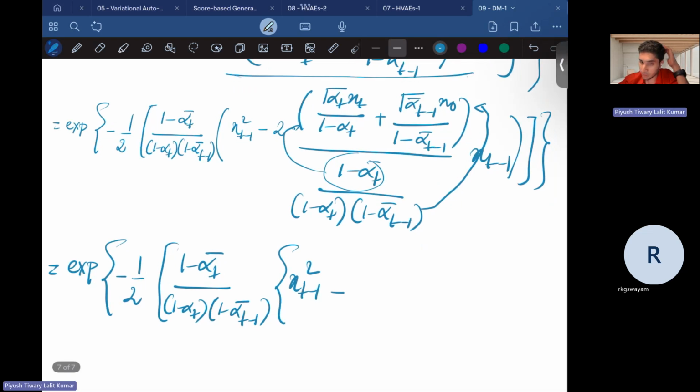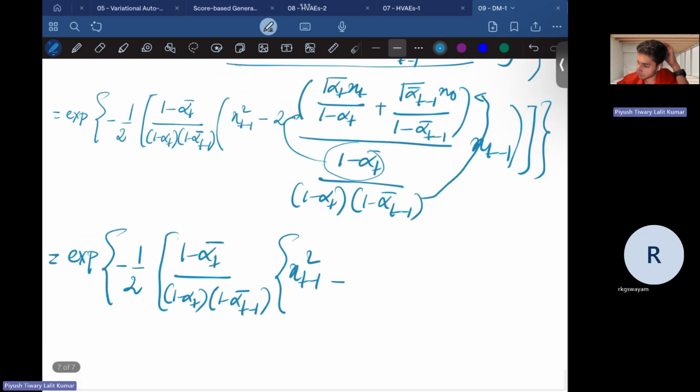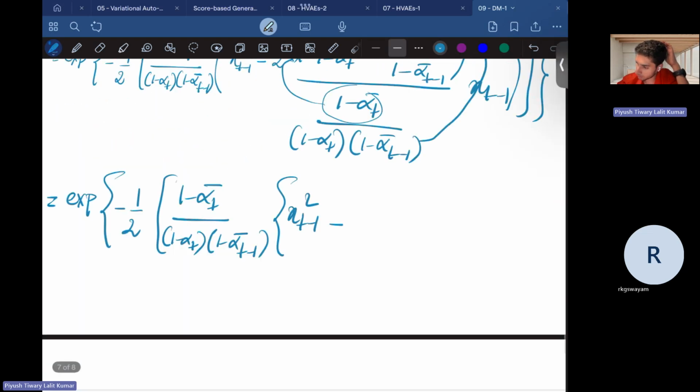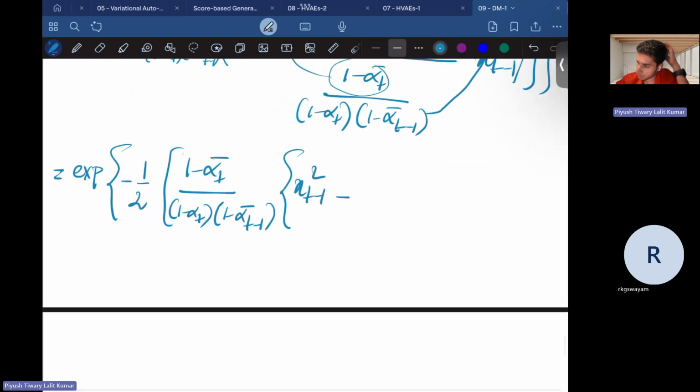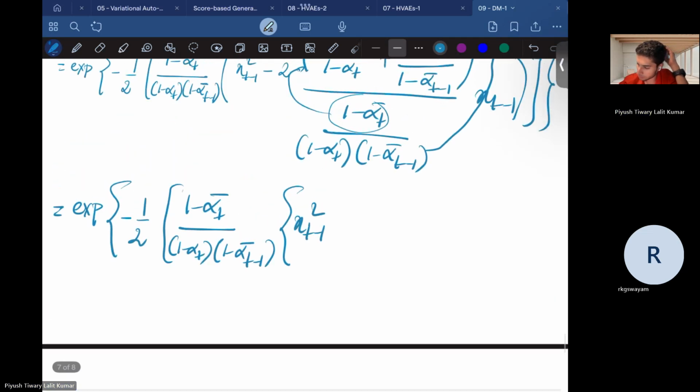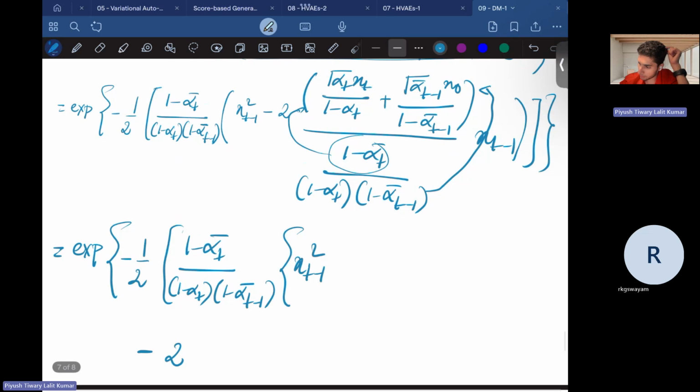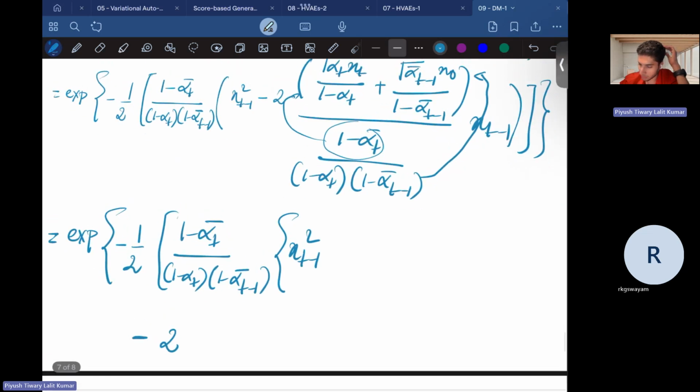Maybe let me write it down. Let me add the page. I know this could be a little difficult to follow because there are a lot of calculations involved, but nonetheless I think it's a good exercise to actually sit down and derive everything. So let's just do it.